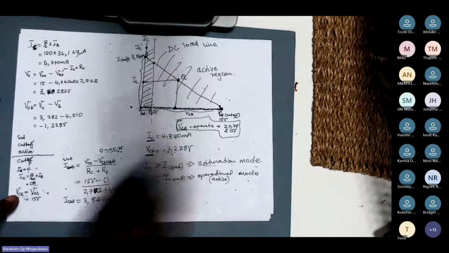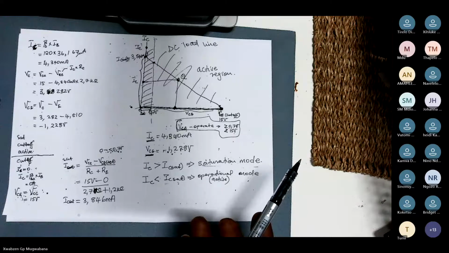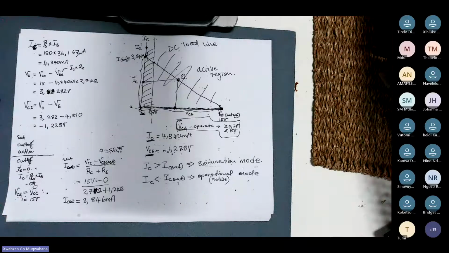When your IC is increasing, your IB is also increasing. Are you following me? Okay.